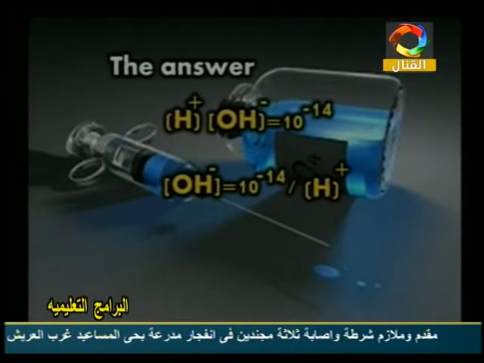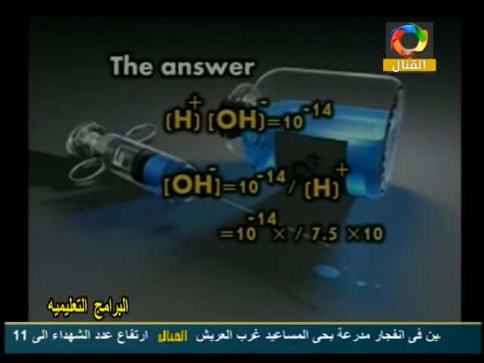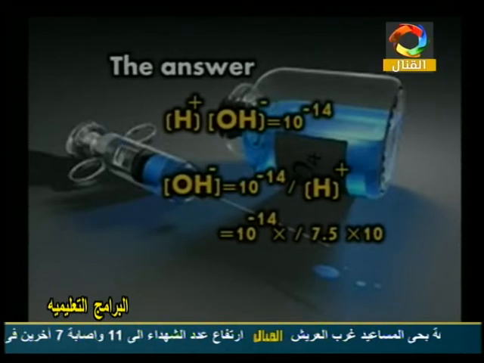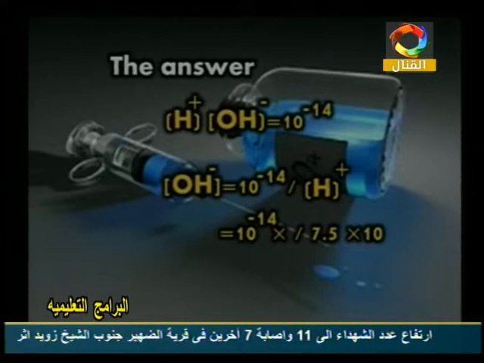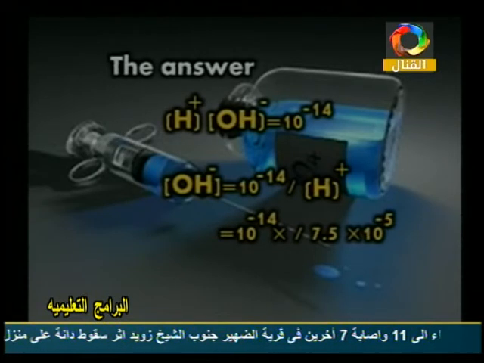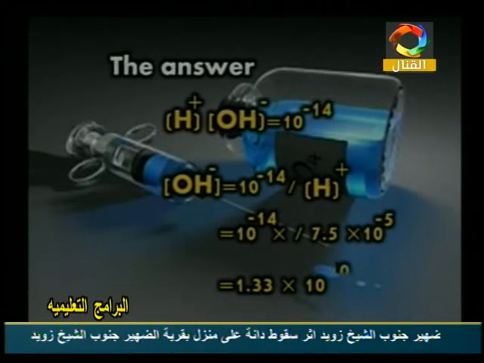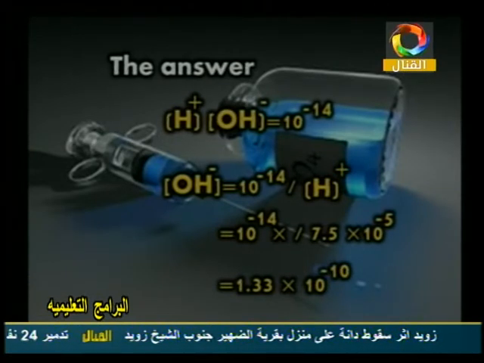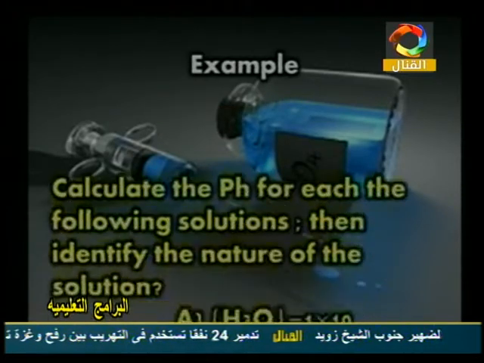Very important. Now the result will be 10 power negative 14 per 7.5 by 10 power negative 5. This is very easy to say: 1.33 by 10 power negative 10. Important, this.